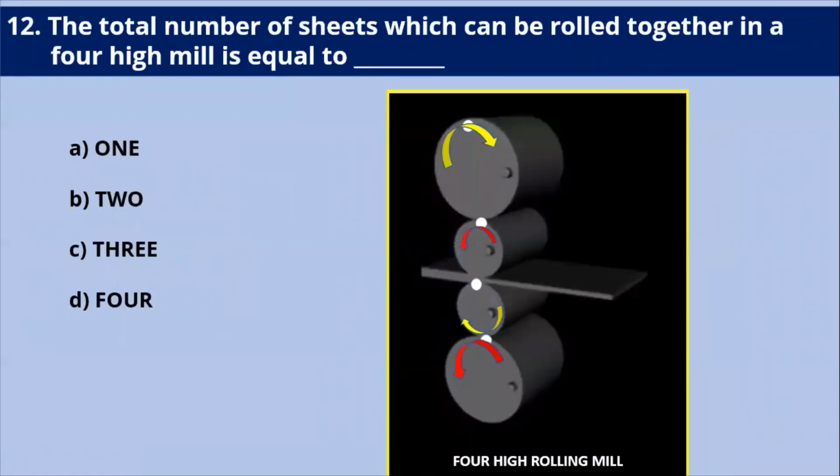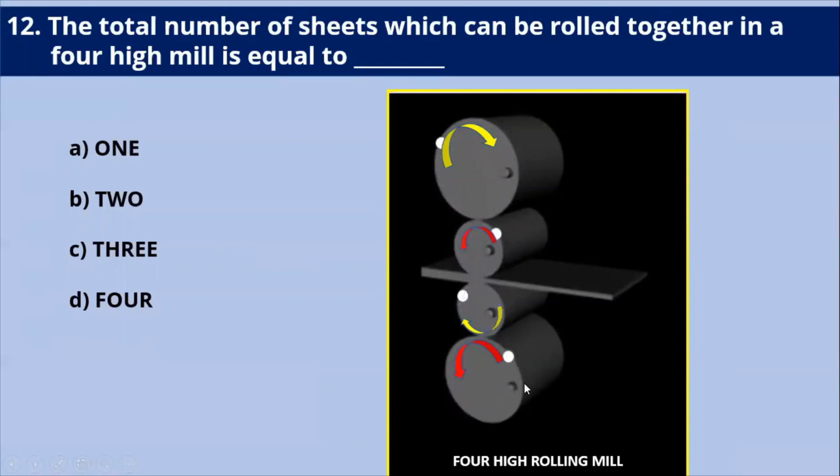Next question. The total number of sheets which can be rolled together in a four high mill is equal to... Even if you see in this diagram there are four rolls. The four high mill consists of two larger rollers and two smaller rollers, from the top as well as the bottom.